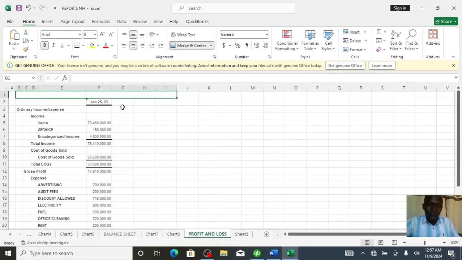Our heading is Masaka Traders profit and loss report.